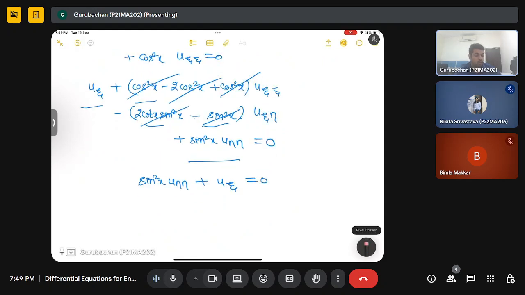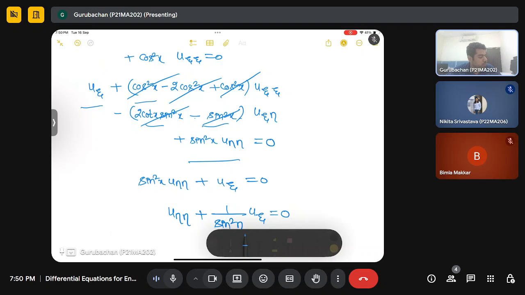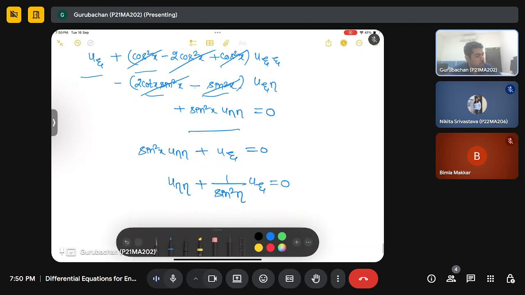Now you know that eta is exactly equal to x, and eta cannot be 0. The reason is, if eta is 0, then the Jacobian will be 0. So I can simply divide this by sine square eta: u eta eta plus 1 by sine square eta u xi equal to 0.